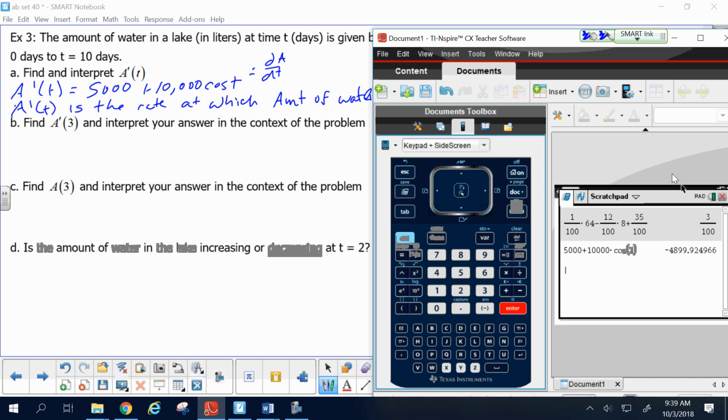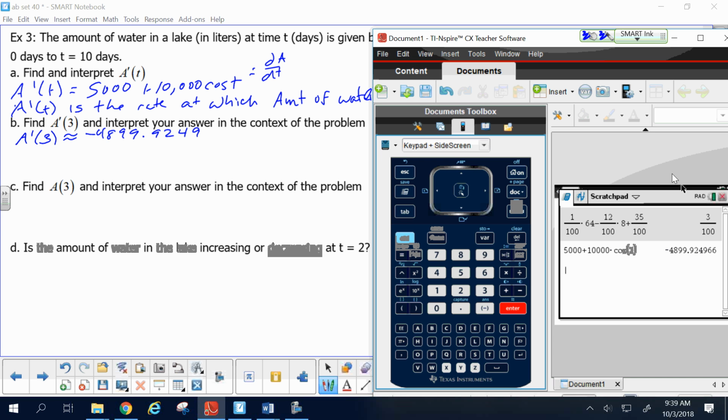Okay, so start by reporting your answer. A prime at 3 with 3 or more decimals, rounded or truncated, is negative 4,899.924, 925, or you can give me more than 3 decimals. Okay. All right. Now then, interpreting the answer.